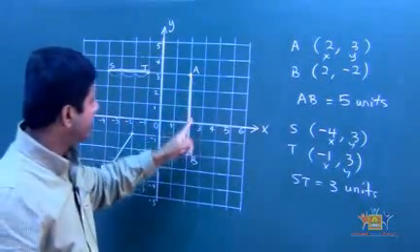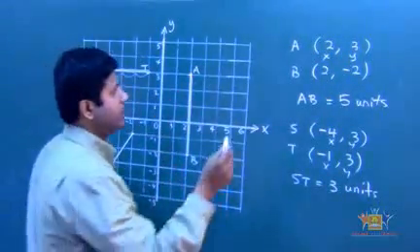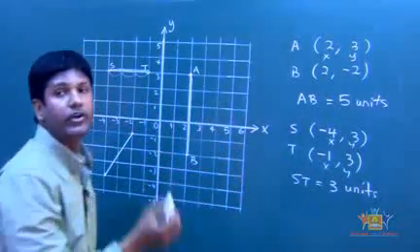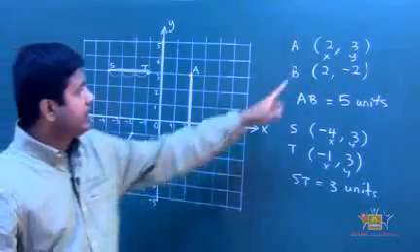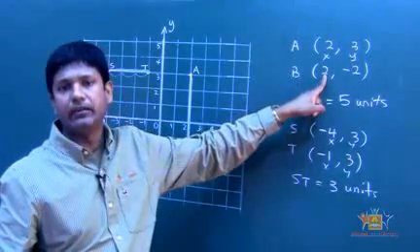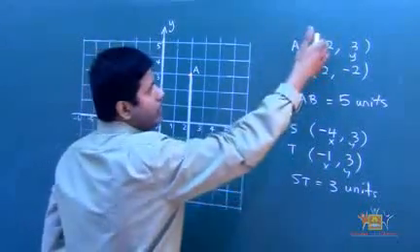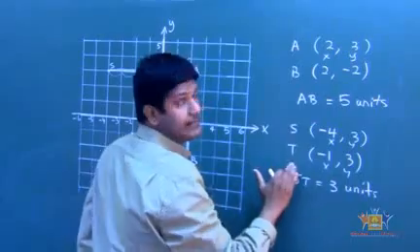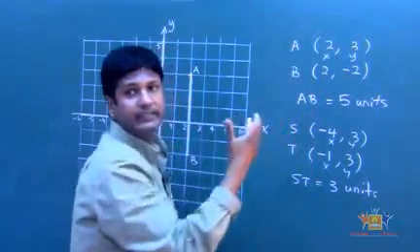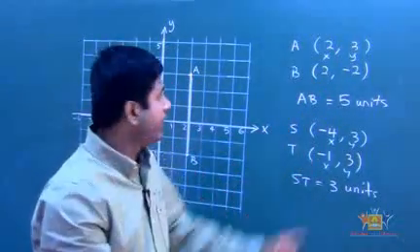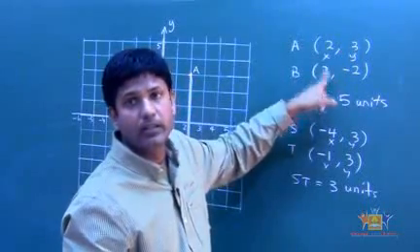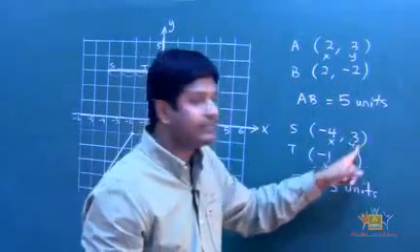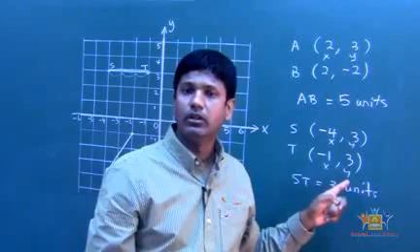Rather than counting like this, I want you to understand that whenever it's vertical, the X values are identical. For A and B, and S and T, one coordinate has to be identical, either one. If X is identical, then it's a vertical line. If Y is identical, it's horizontal.